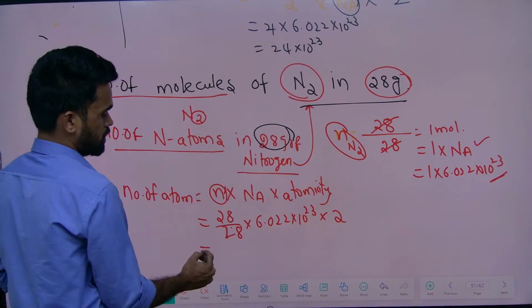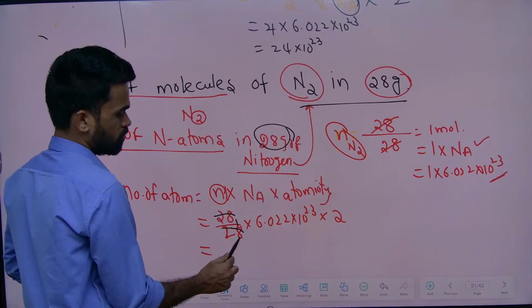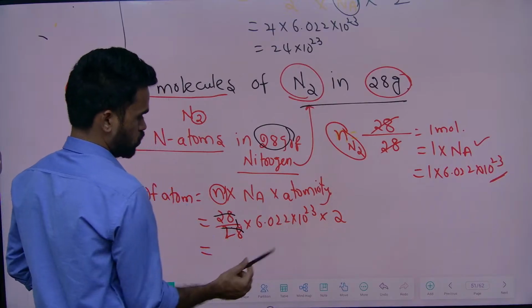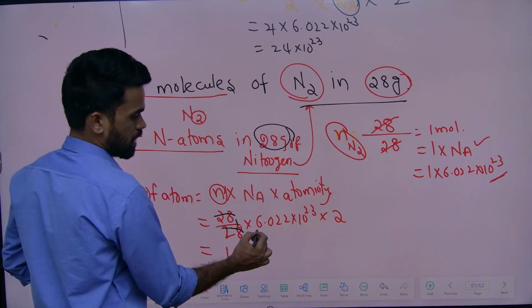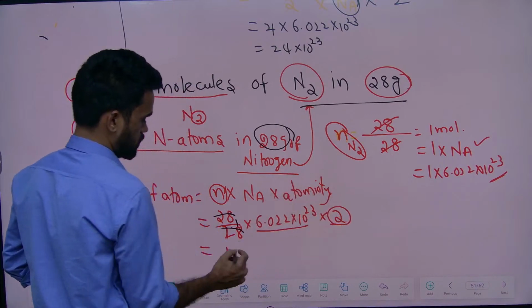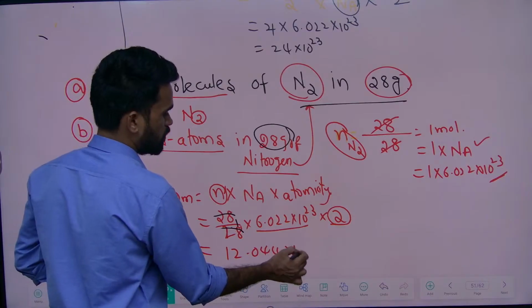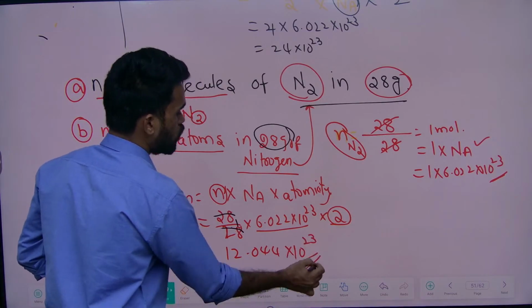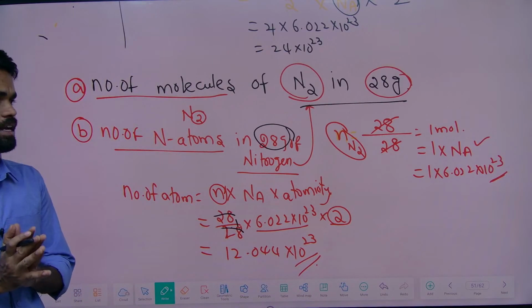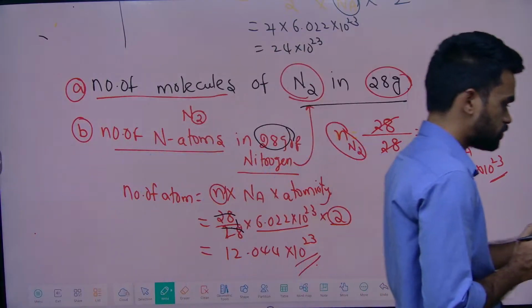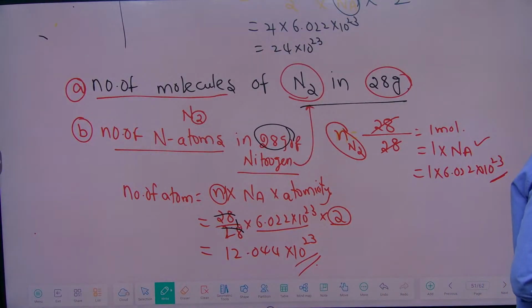So simplify this: Avogadro number into 2 is your answer. It means simply you can write 12.044 into 10 power 23. I hope up to here it is clear. Is there any confusion? Please let me know. Any confusion in the discussion? No, right? Yeah.